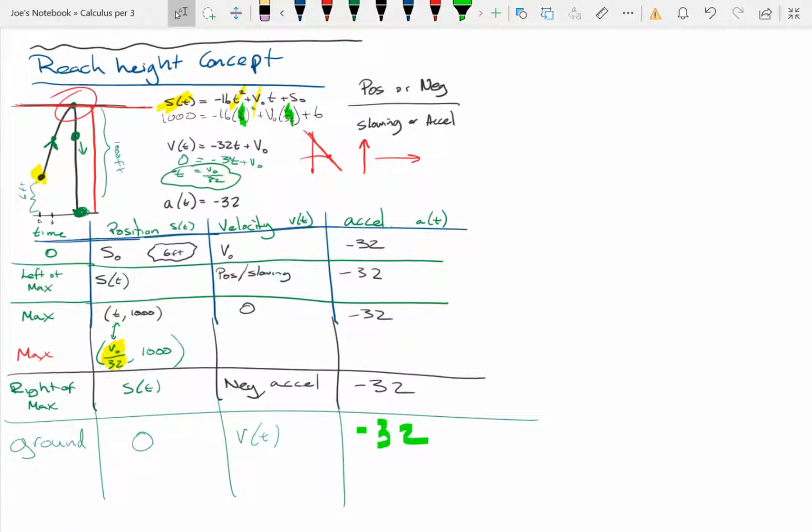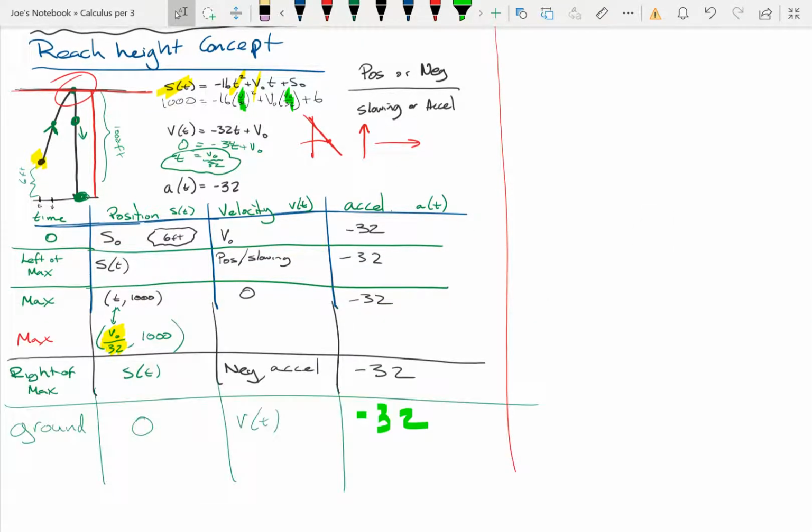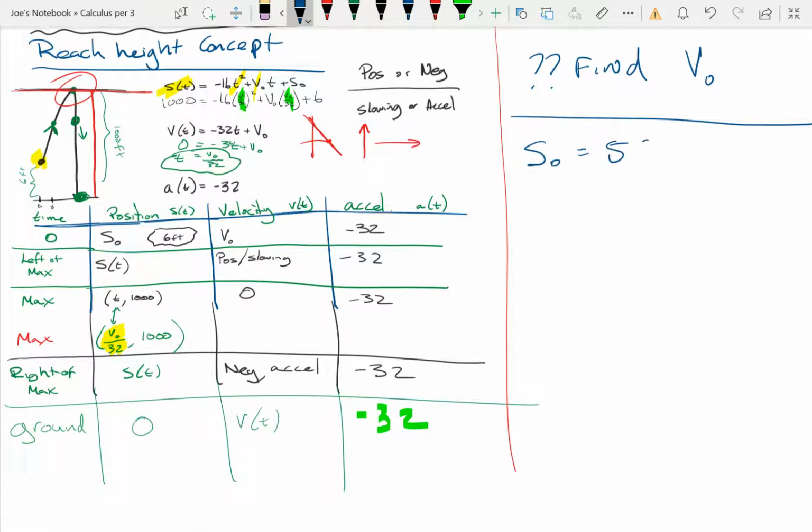You're going to try one of these. So I want you to do for me, abbreviate it. Okay. So you've got an object. The question is find the initial velocity required to get an object shot up from 5 feet to reach the top of a 900 foot building.